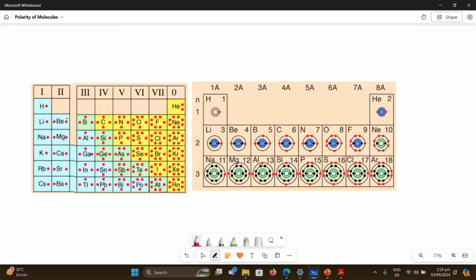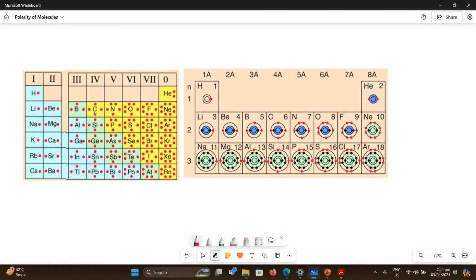Each element has valence electrons. Hydrogen has 1, because it is number 1. Helium has 2, because it is number 2. Lithium has 1, but that doesn't mean it is number 1. It is number 3. The first shell holds two.